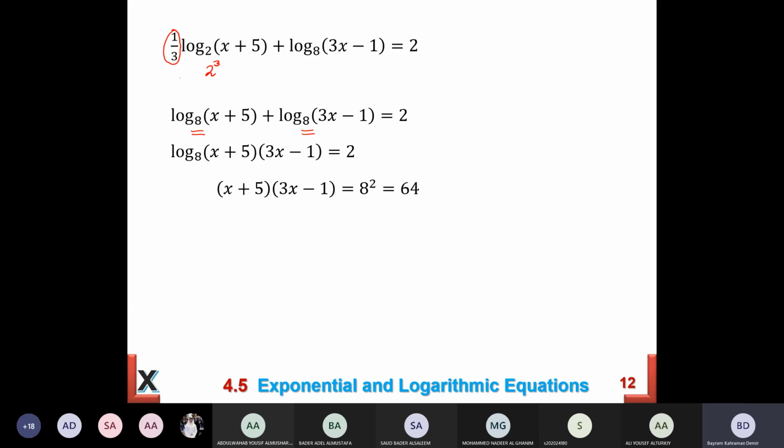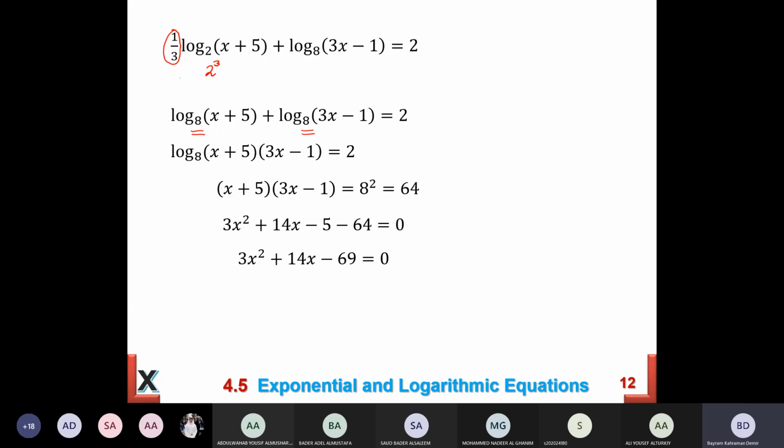That means x plus 5 times 3x minus 1 equals 8 square, which is 64. And we just multiply these brackets by following the distribution rule. And then when you organize it, you will get 3x squared plus 14x minus 69 equals 0.